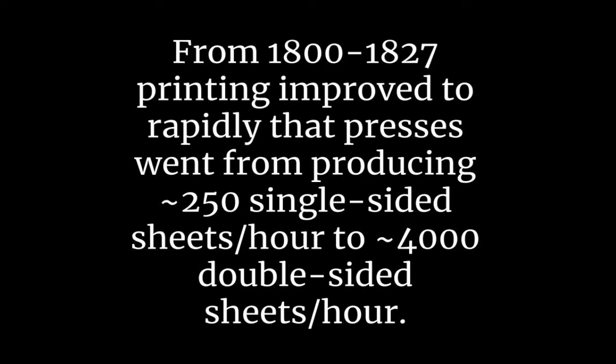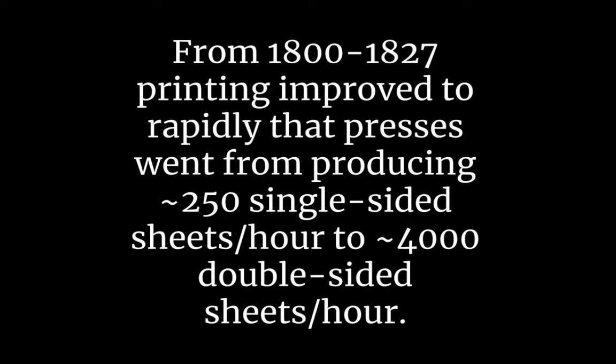Basically, from 1800 to 1827, printing improved so rapidly that presses went from producing 250 single-sided sheets per hour to about 4,000 double-sided sheets per hour. So in 1800, we're talking about basically the Gutenberg press with few innovations.